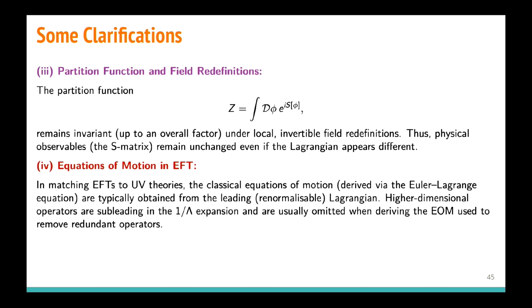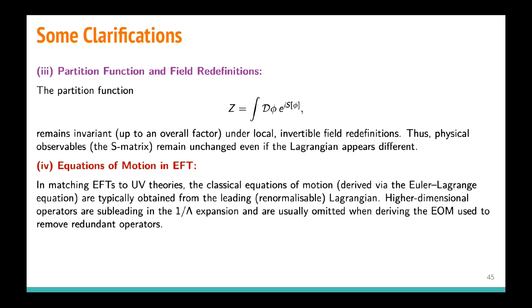The EFT Lagrangian is not a renormalizable quantity. So we deal with the leading renormalizable Lagrangian and derive the Euler-Lagrange equations, leaving out any subleading terms in the expansion parameter of 1 over lambda. We then use these leading order equations of motion to cancel the redundancies.